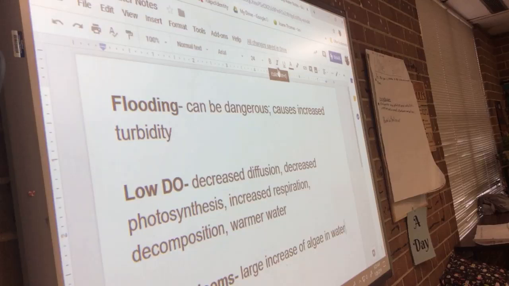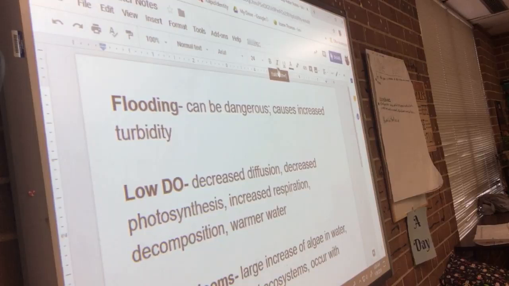So effects of algae bloom can be toxic, disrupt ecosystems, and occur with increased plant nutrients.